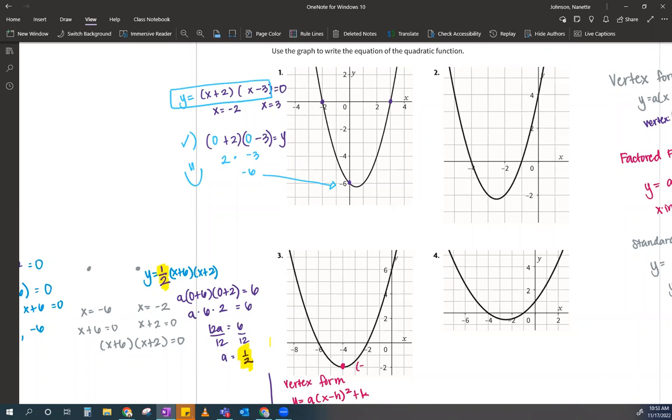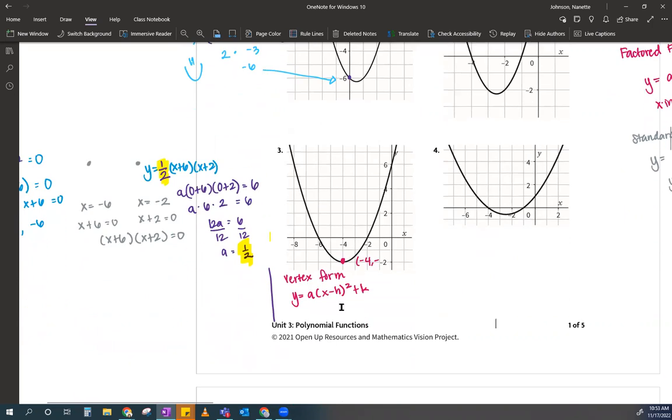I'm literally going to plop them in to h and k. So it's going to look like this: y equals a parentheses x minus blank, squared, plus blank. I'm going to take this -4 and put it here, and I'm going to take this -2 and put it right here. Okay, so -4 and -2.